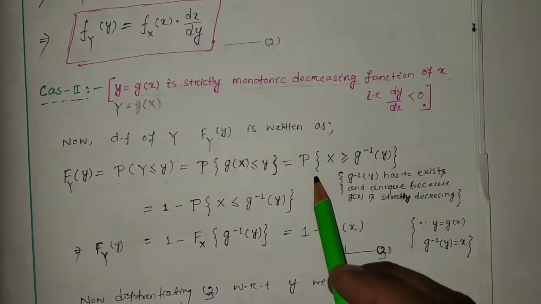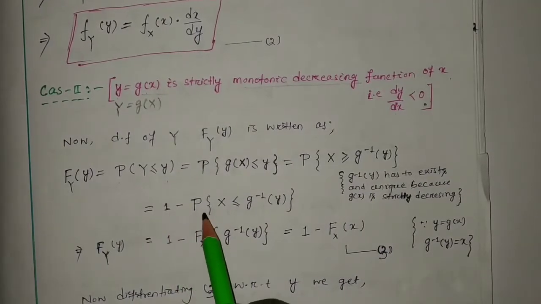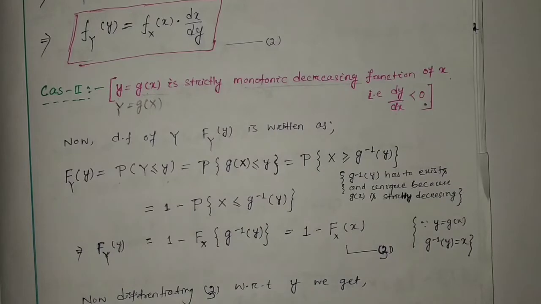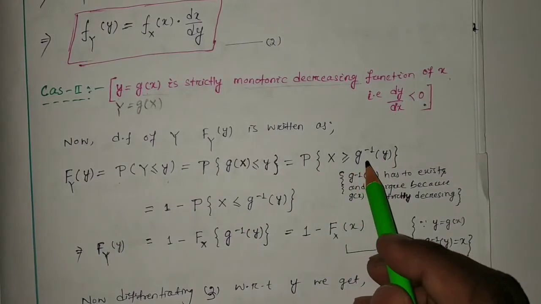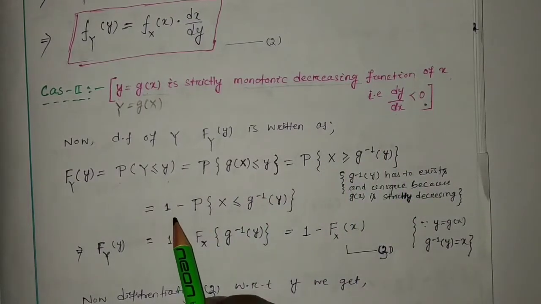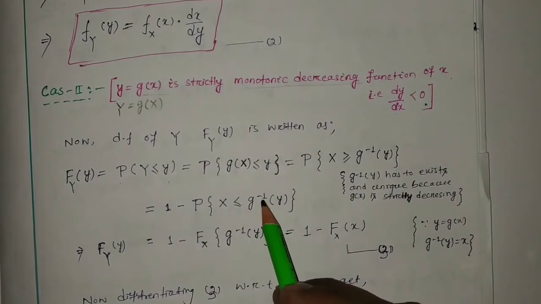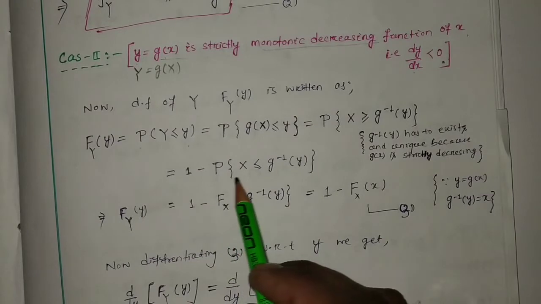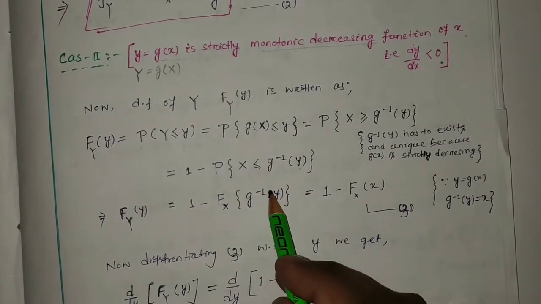So this can be written as 1 minus the probability of x less than g inverse y, which is nothing but 1 minus the distribution function of g inverse y.